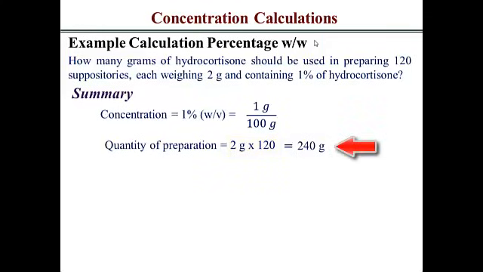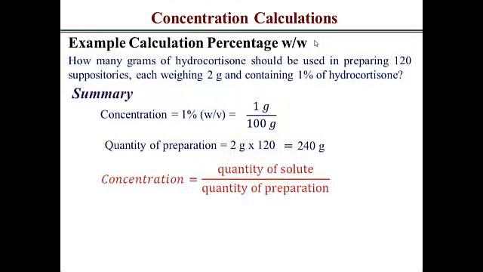us 240 grams. So we simply go ahead and utilize our equation where concentration is equal to the quantity of solute divided by quantity of preparation. And so we have 1 gram over 100 grams on the left hand side of the equal to sign, and that should be equal to some unknown amount or the quantity of our solute represented by x divided by the quantity of preparation, which is 240 grams.